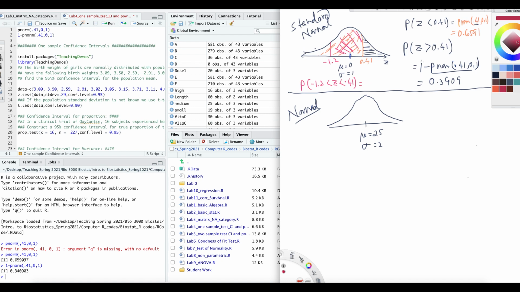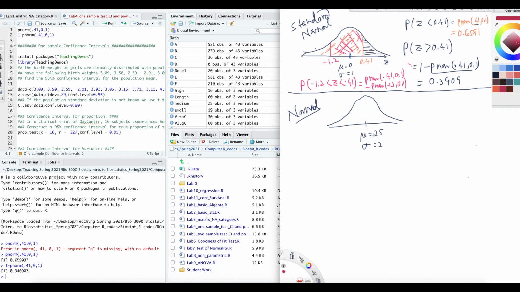You just do pnorm of the upper value, that will find the whole area to its left, minus pnorm of the lower value. So you do pnorm of 0.41, 0, 1, minus pnorm of negative 1.2, 0, 1.